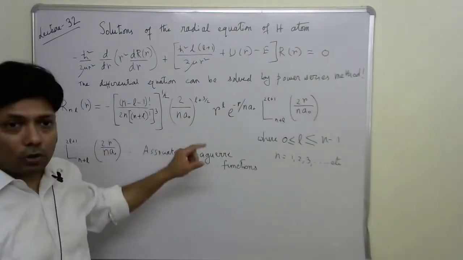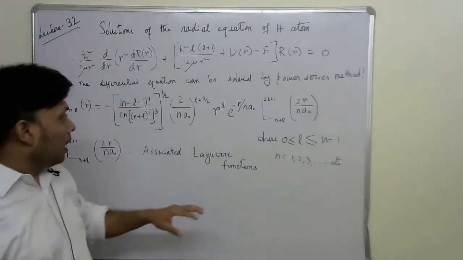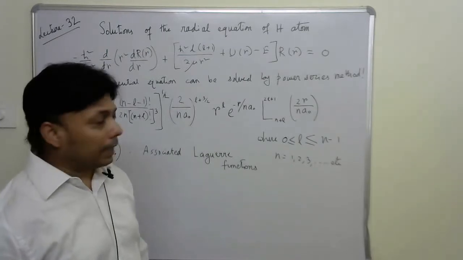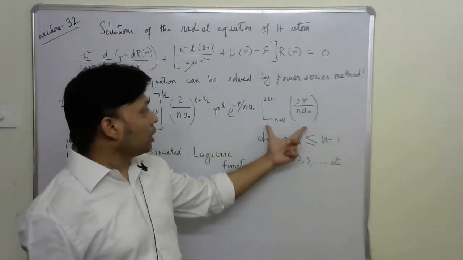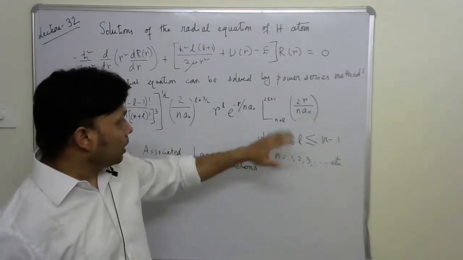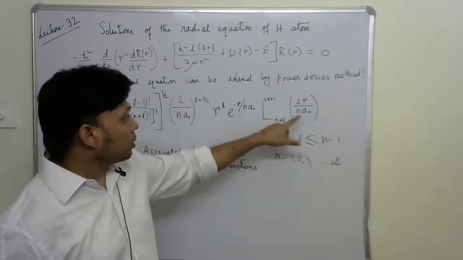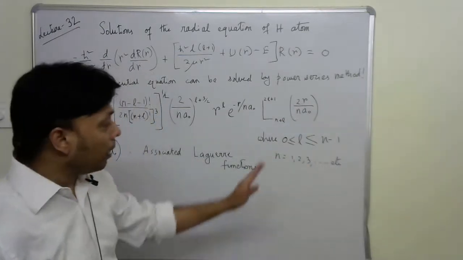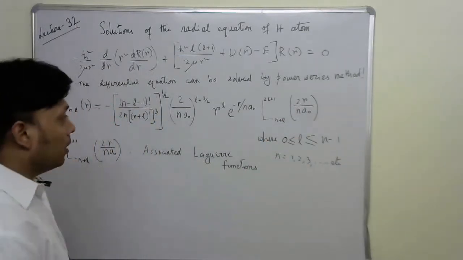And this is the variable part with respect to r. And then there is another function, L subscript n plus l, superscript 2l plus 1, which is a function of 2r divided by n times a naught.